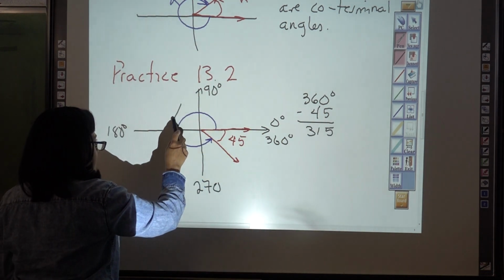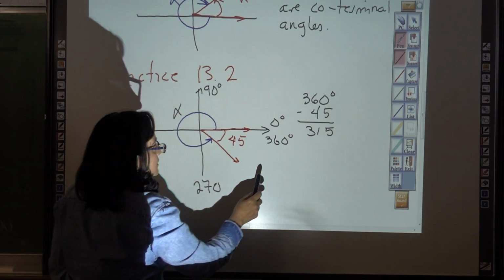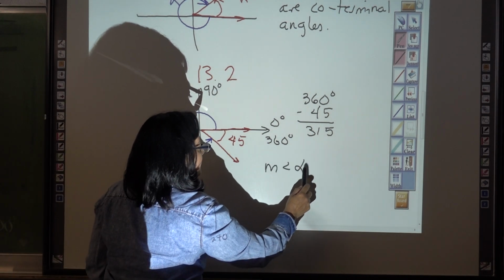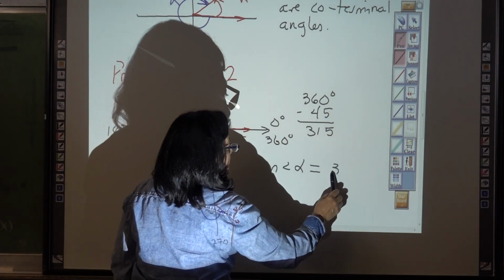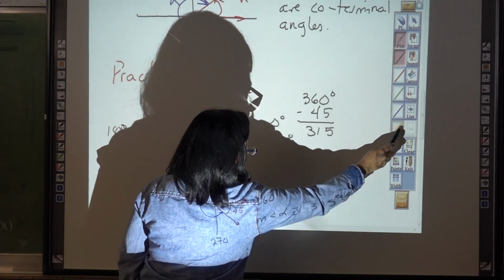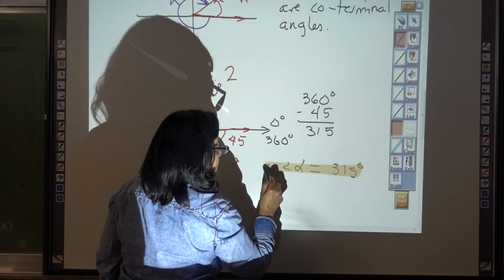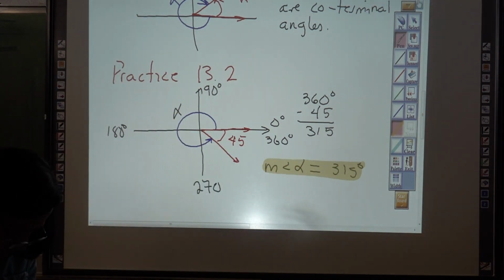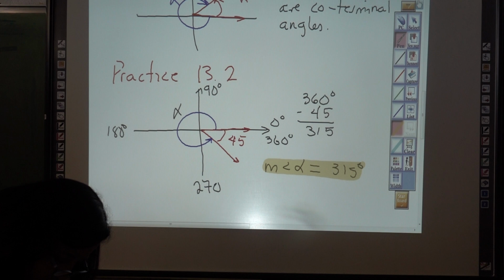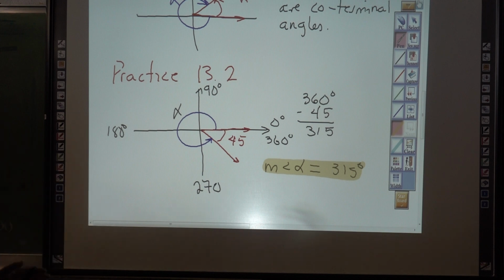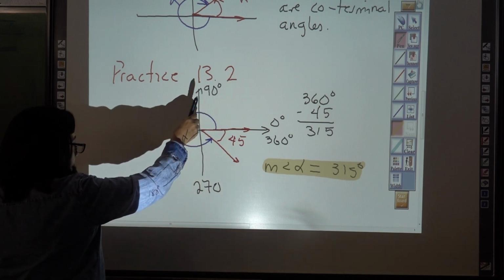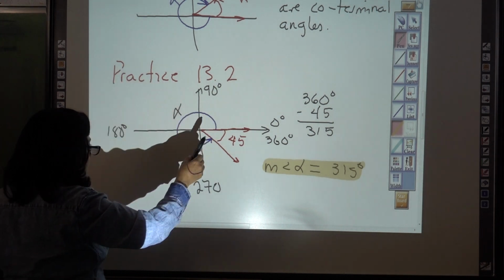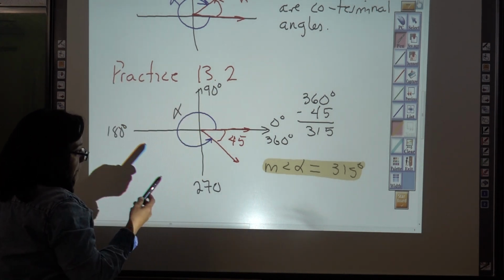So this is alpha. The measure of angle alpha is 315 degrees, and that will be the answer of the problem. Okay? We have more, so you can use that one. Don't forget that this is 90 degrees, and you have another 90, another 90, another 90. You can keep adding depending on how you need it.